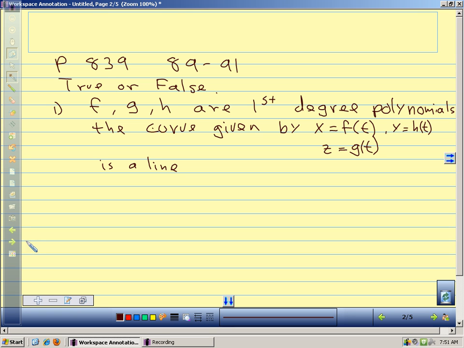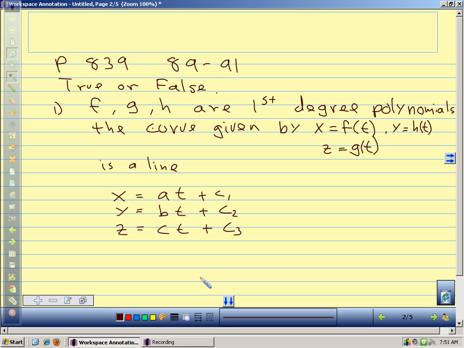The way I looked at this is, if f, g, and h are first degree polynomials, we could write x equals at plus some constant, y equals bt plus some other constant, and z equals ct plus c3.